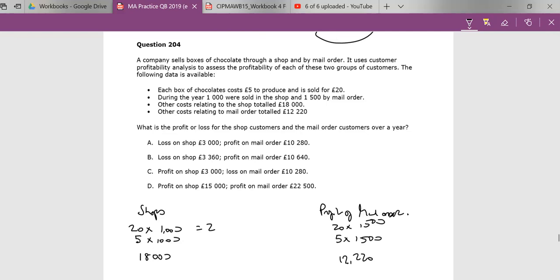So 20,000 less 5,000 less 18,000 is a loss of 3,000. Here you have 30,000, less 7,500, less 12,220, which is a profit of 10,280. So the answer here is A.